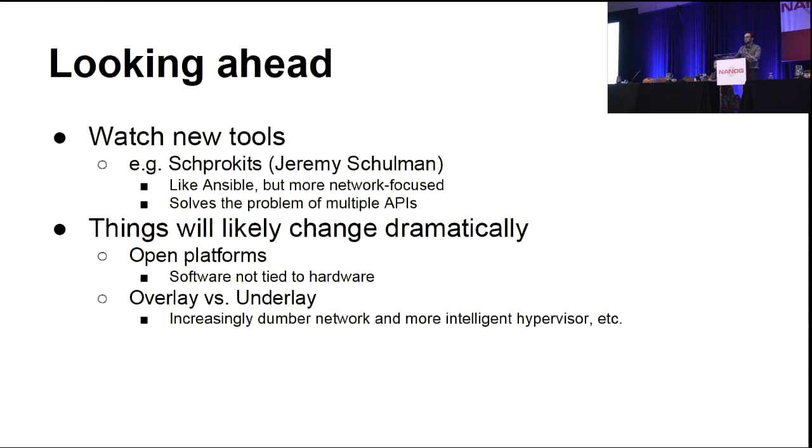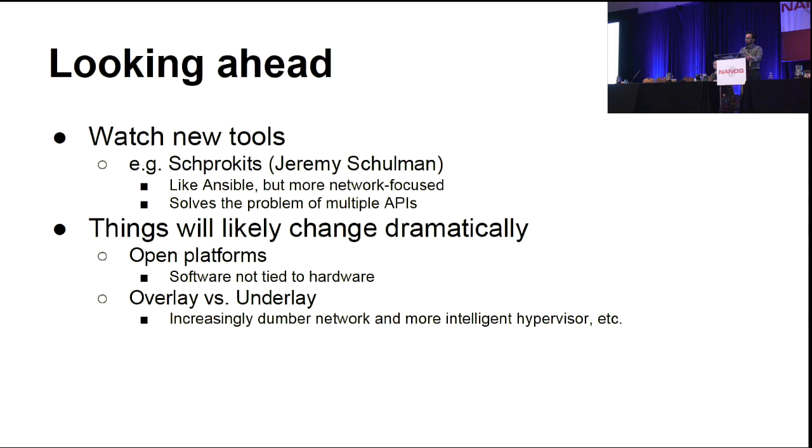Looking ahead, these tools are okay for now, but there will be better tools. And there's this person called Jeremy Schulman who did a lot of this work at Juniper. Who founded his own company called Sprockets, and he thinks he can do a better job, and he's building something that looks like Ansible, but is more network focused.